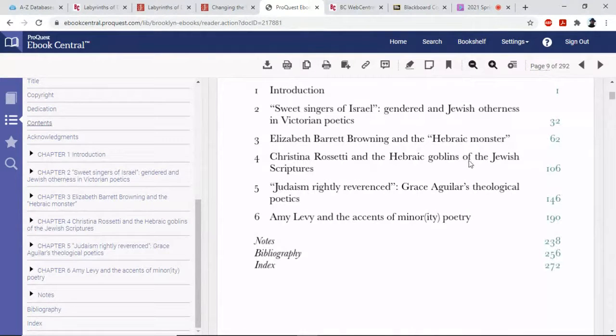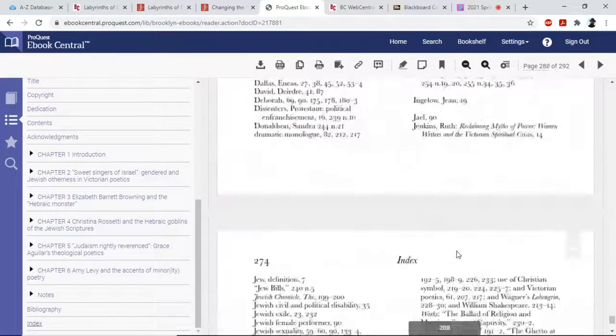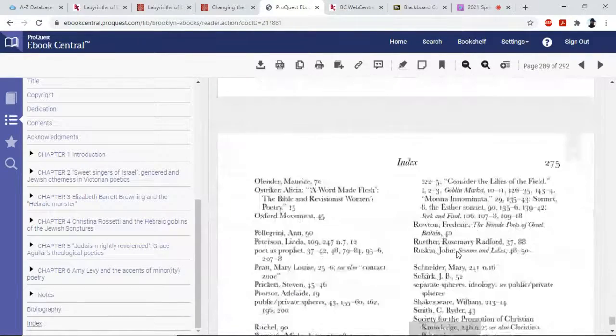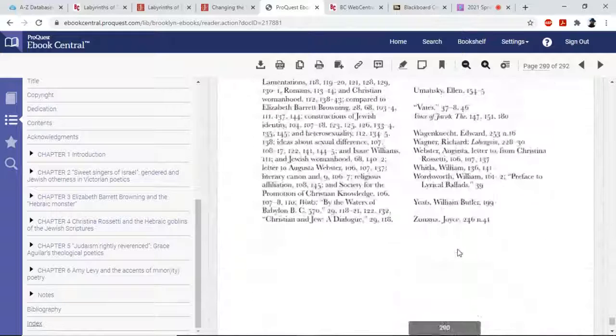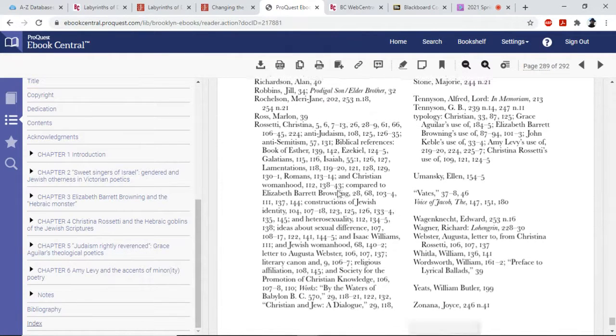So from the table of contents, we know that chapter 4, which has Christina Rossetti in the title, is 40 pages, from page 106 to page 146, right? So when you look at the index, look at where she's mentioned outside of those pages.